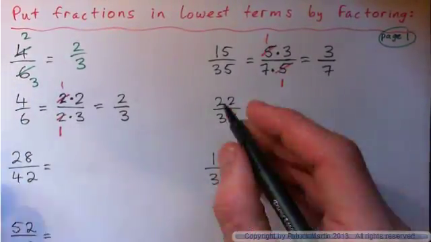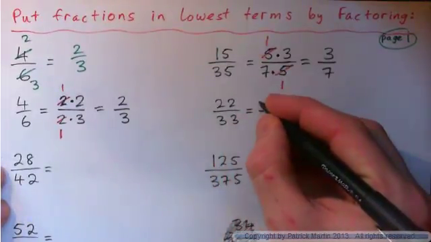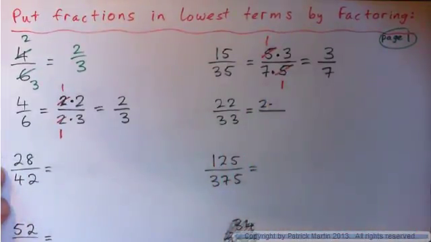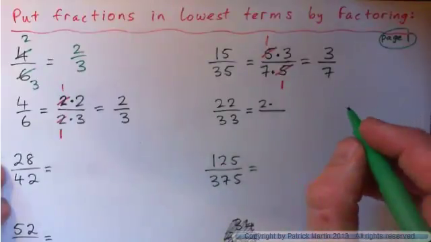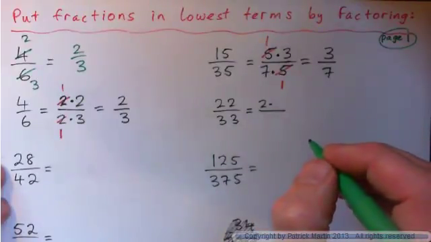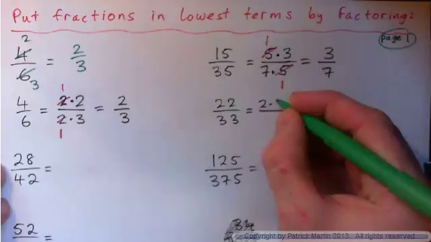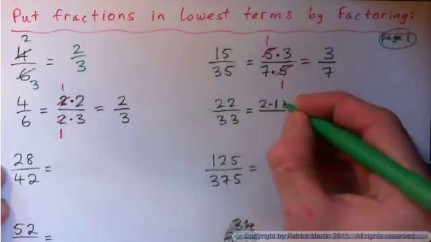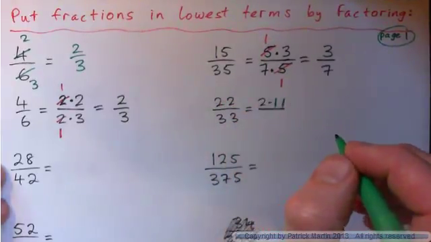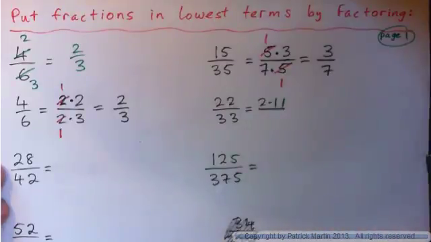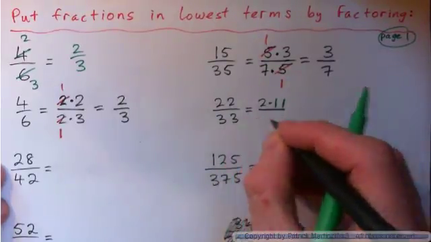22. You know 2 goes into there probably, so 22 is 2 times what? Okay. 2 times what gives 22? Well, 2 times 1 is 2, and 2 times 1 is 2, right? So 2 times 11. Now, 3 goes into 33, doesn't it?